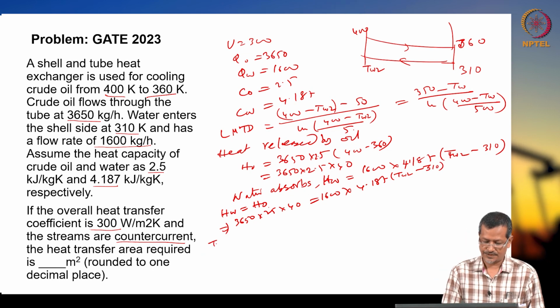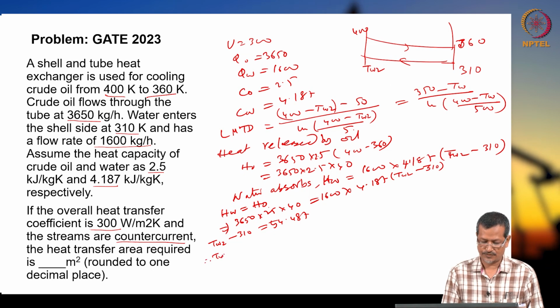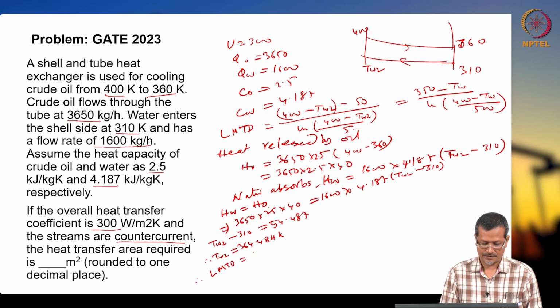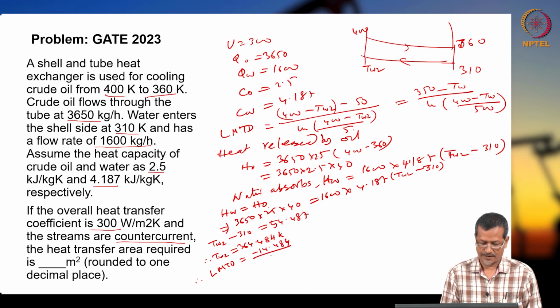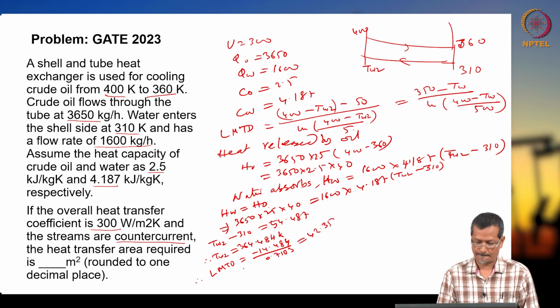So TW2 minus 310 is coming 54.487. So TW2 equals 364.484 K. Therefore LMTD equals 4.484 divided by 0.7103 equals 42.35. So it is coming.